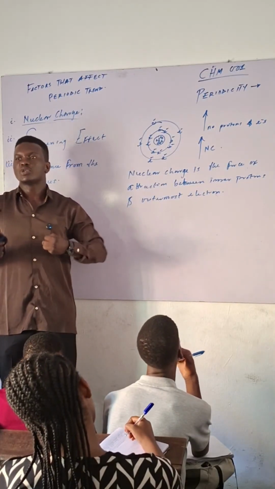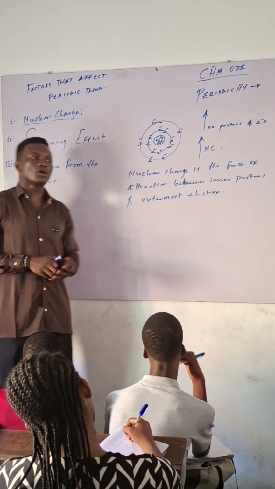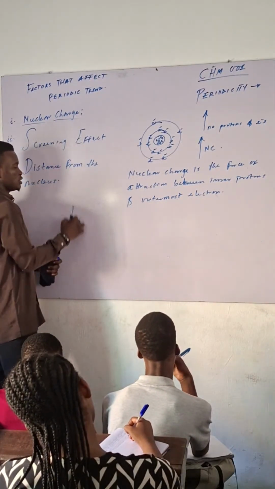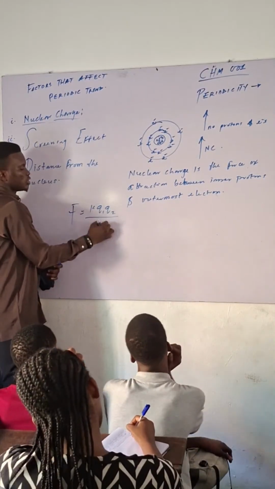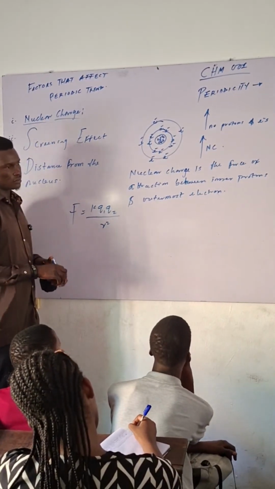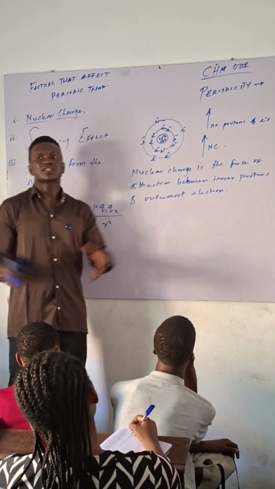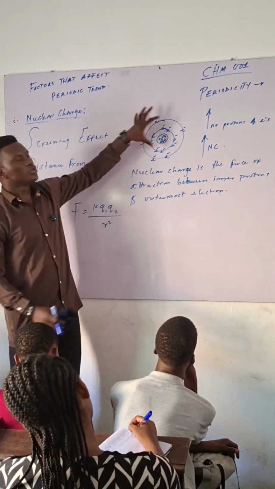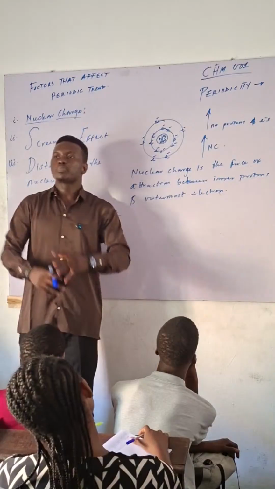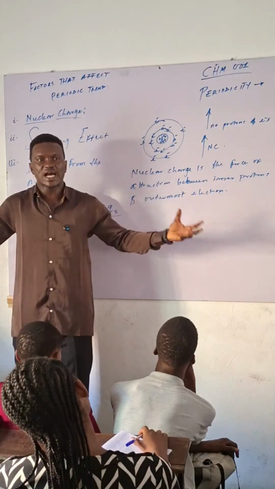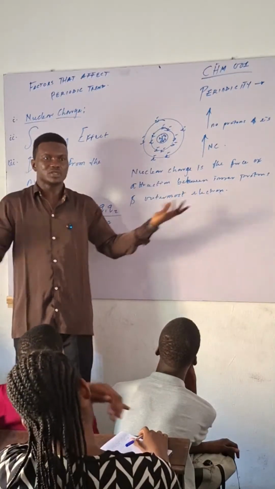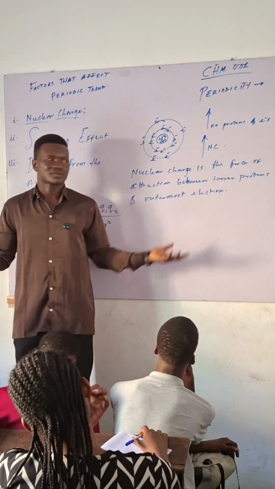And that can still be traced to Coulomb's law of electricity: F is equal to kQ1Q2 over r squared. The more the protons, that means the more the positive charge, and the more the negative charge, the more the pull. Abi, common sense.